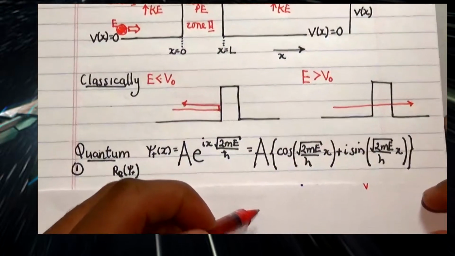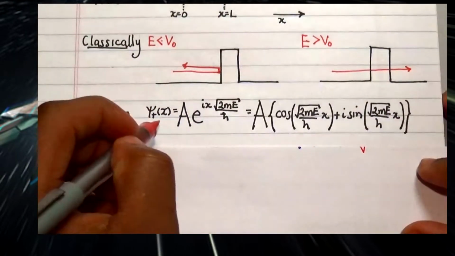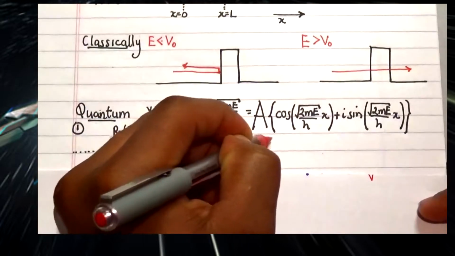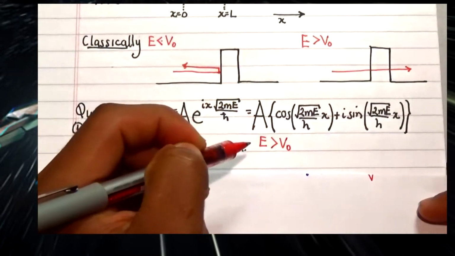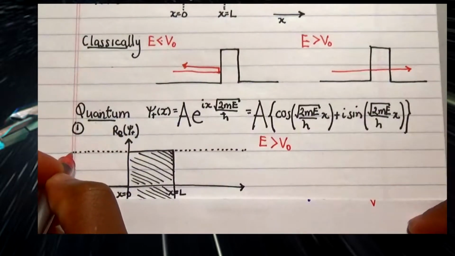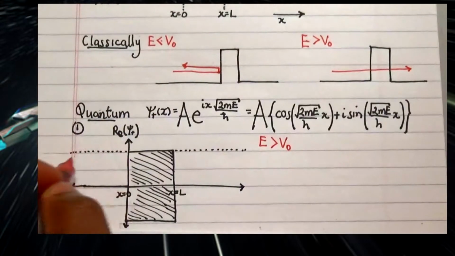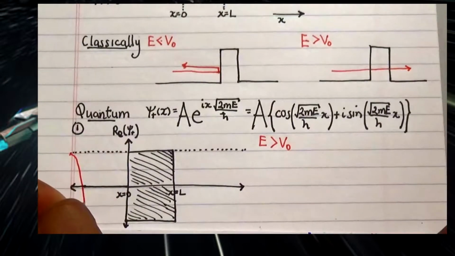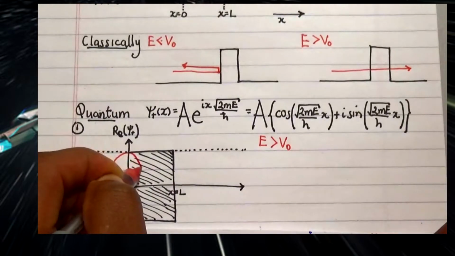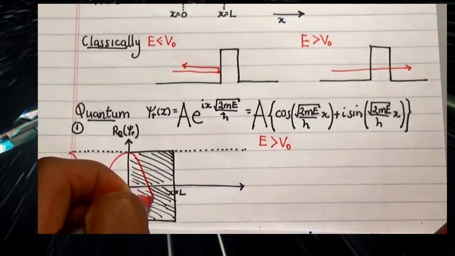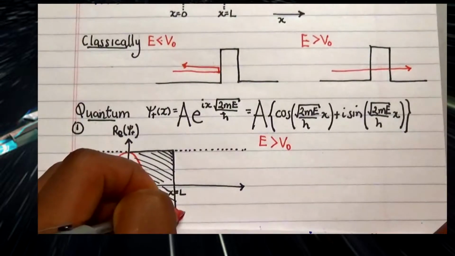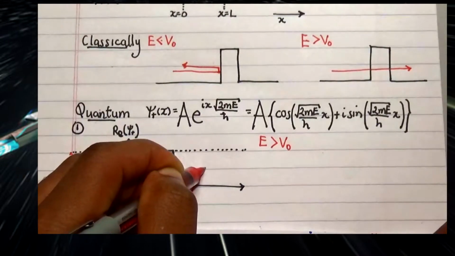And we realize that first, if our energy is greater than the potential energy of our barrier, some of our particles, which are moving in a sinusoidal function, will make an exponential decay as they enter the barrier, and once they come out there is a decrease in the amplitude.